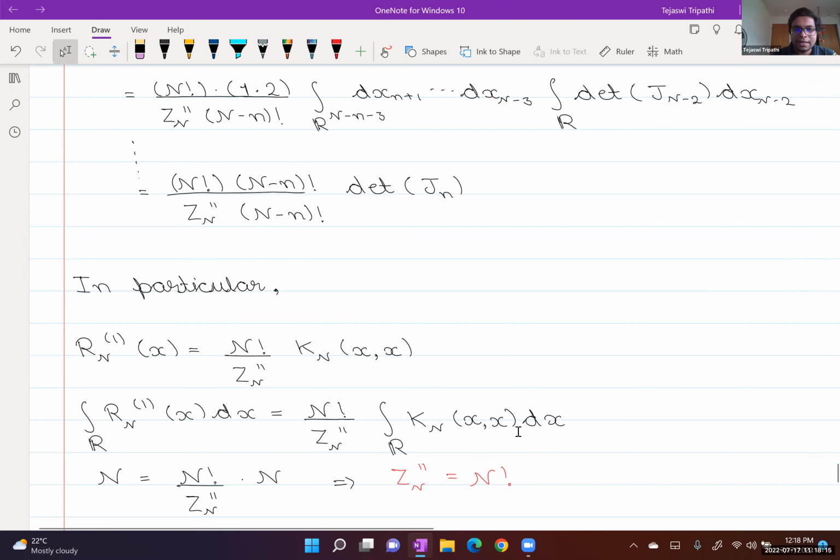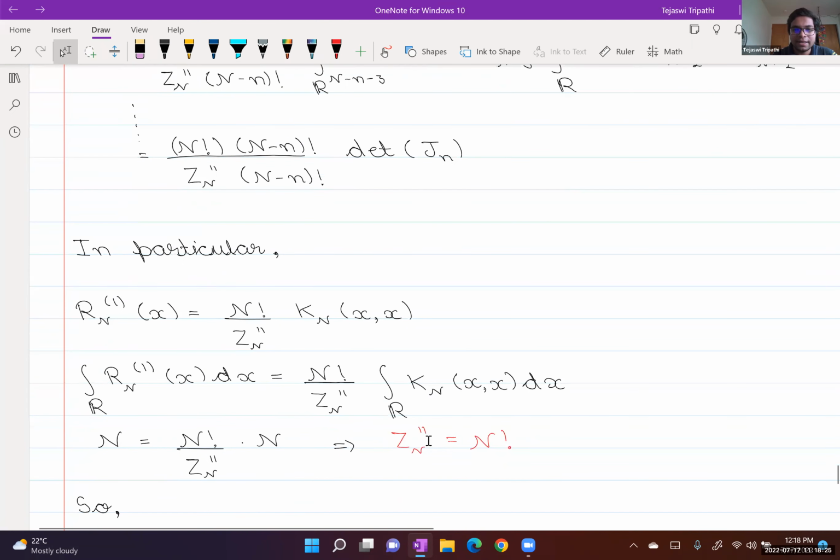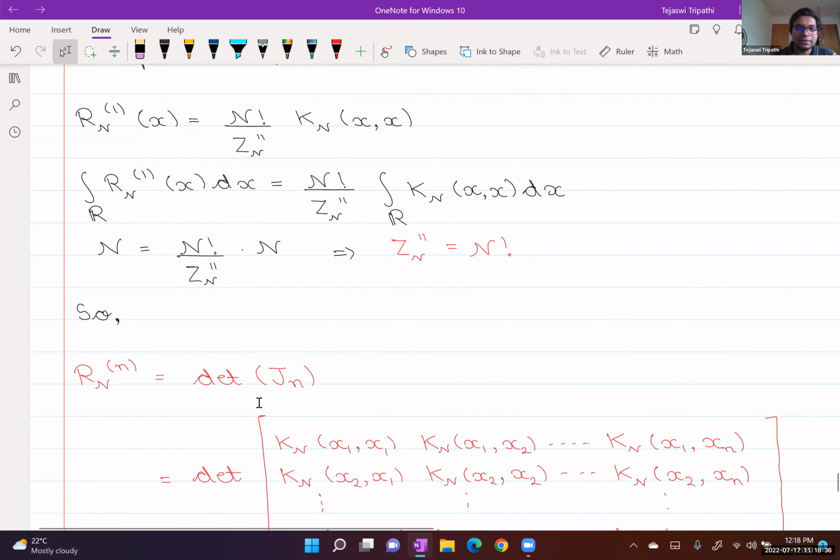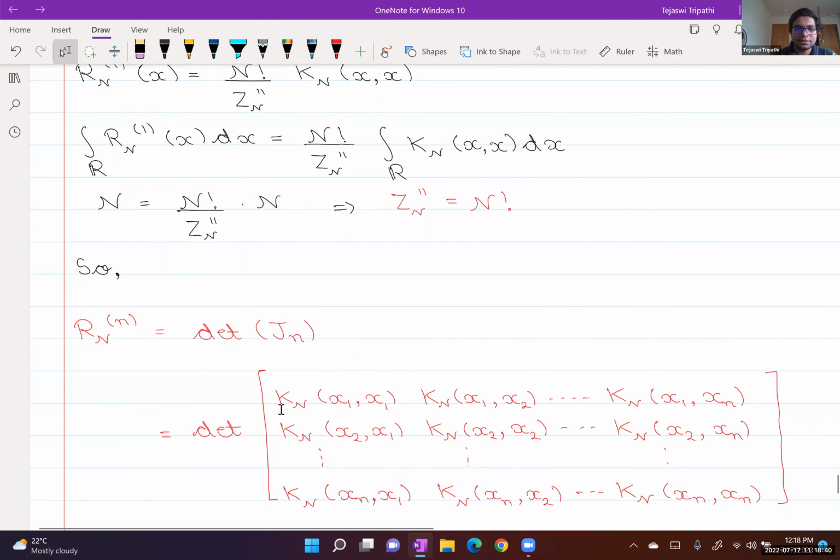As we have noticed, the integral of Kn(x,x) is n. The integral of Rn1(x) is also n. So using this, we get that Zn is nothing but n factorial. So this whole thing is 1. And so eventually I get that the nth correlation function can be written like this.